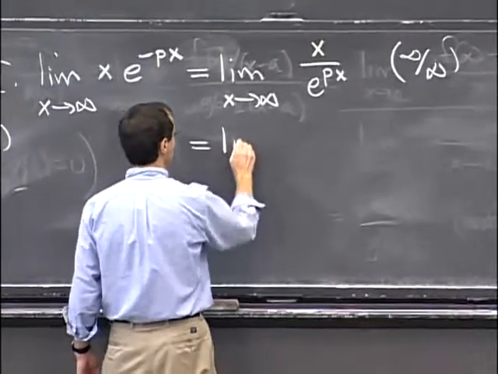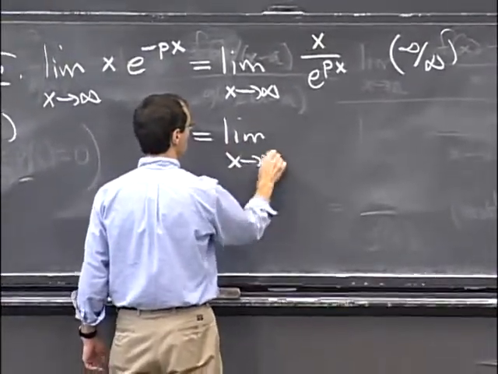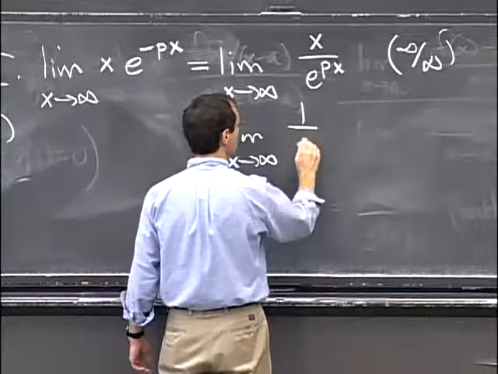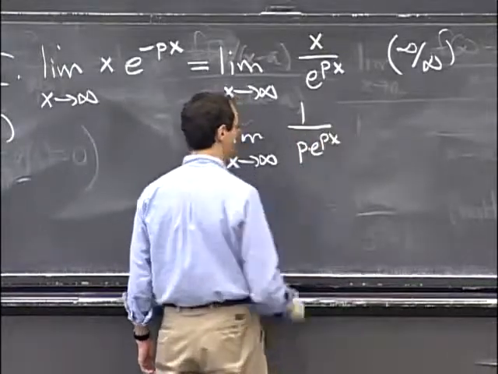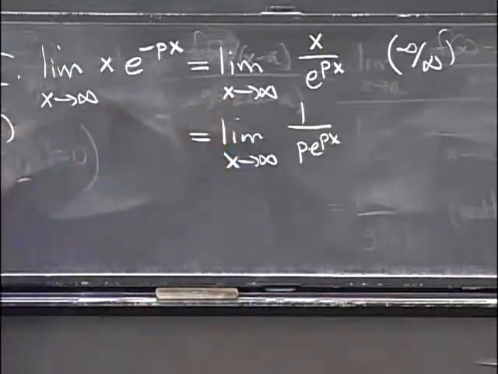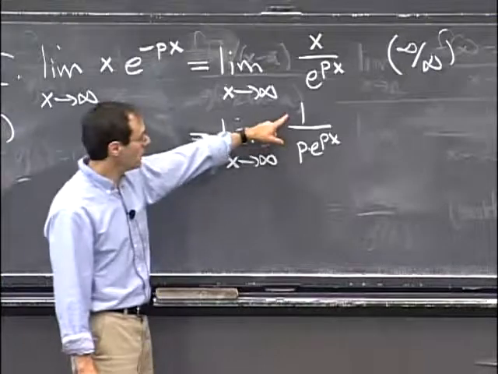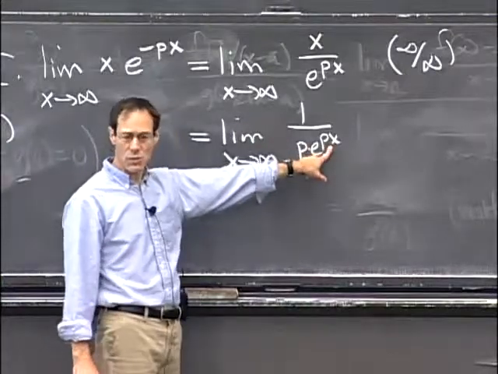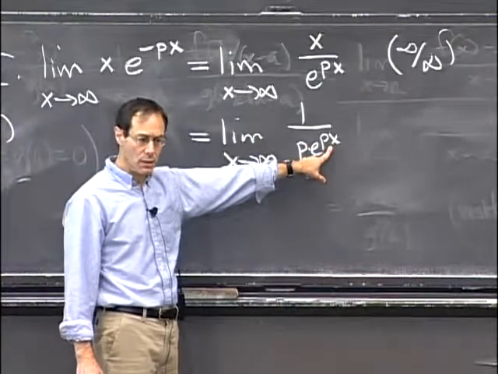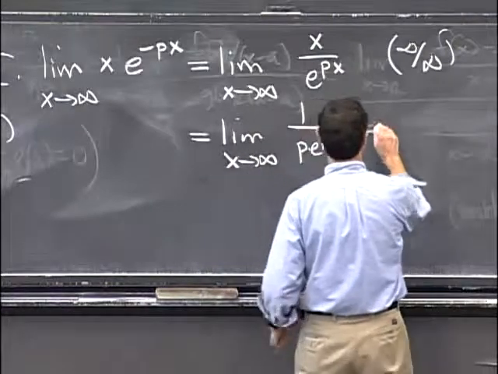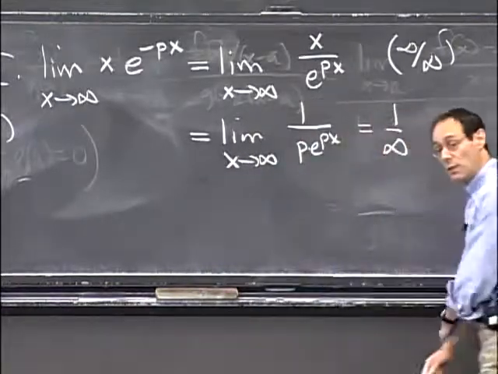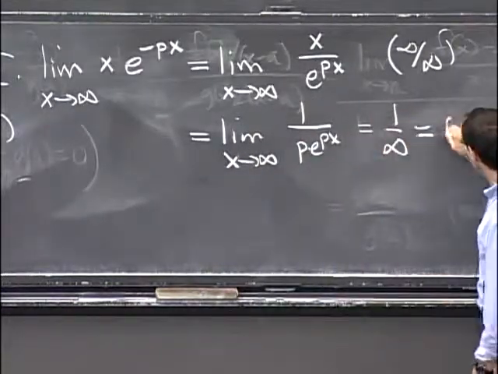And now that's the same as the limit as x goes to infinity of 1 divided by p e to the px. So where does that go as x goes to infinity? Now we can decide. The 1 stays where it is, and this, as x goes to infinity, goes to infinity. All right, so the answer is 0.